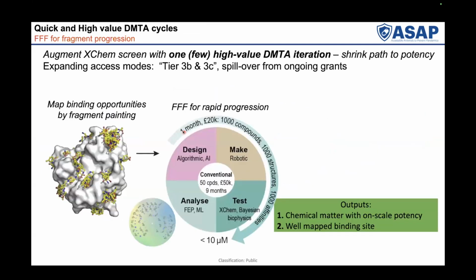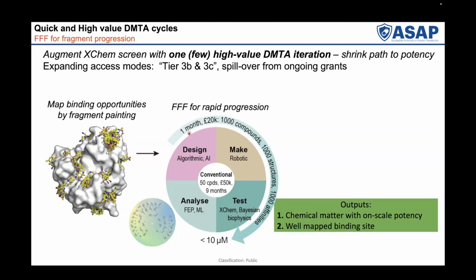So how we think about this problem is, what you've got on the left-hand side here is a target with many structures bound to the target, and how do we take this rich structural information and convert it into hits and leads? And collectively, we've come up with this design, make, test, analyze cycle that we're calling fast-forward fragments for rapid progression.